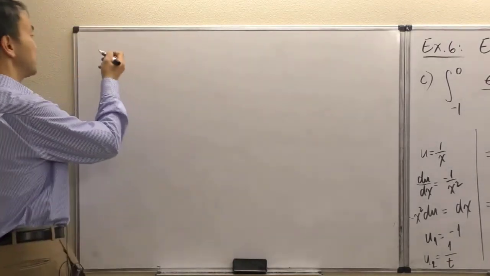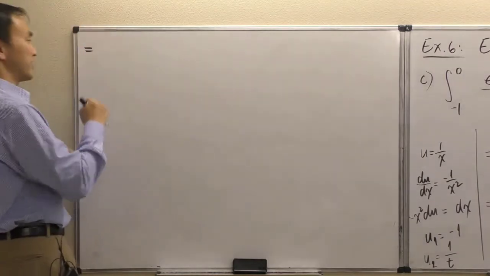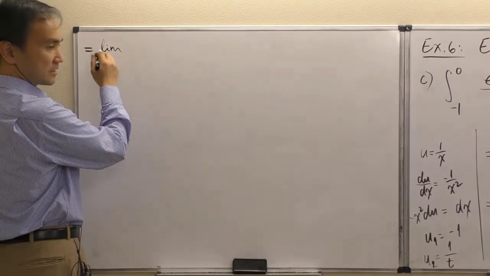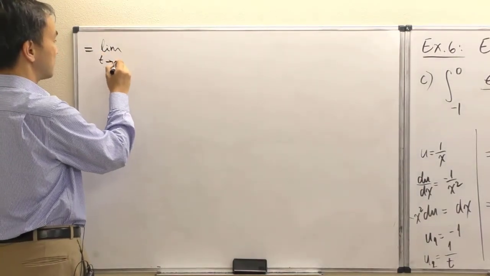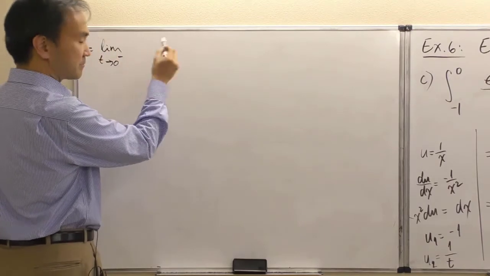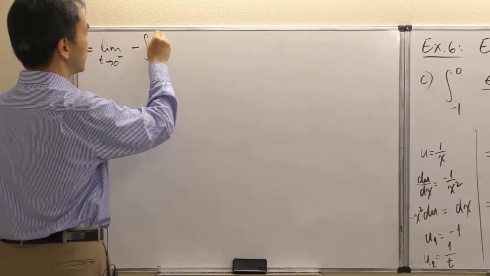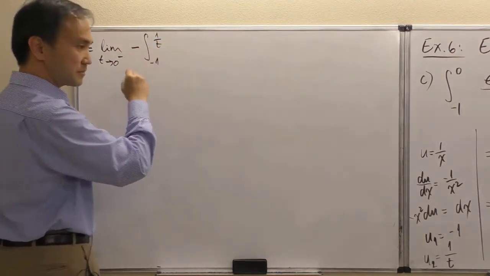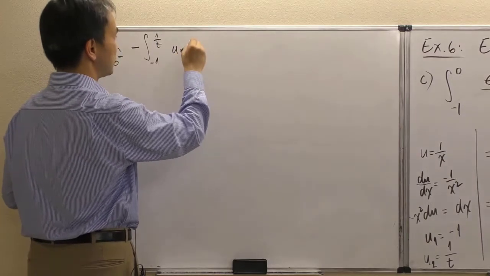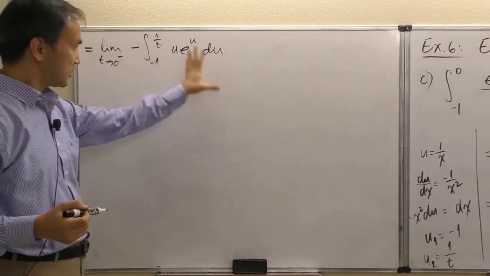So it's the limit as t approaches 0 from the left hand side of minus the integral from minus 1 to 1 over t of u times e to the u du.